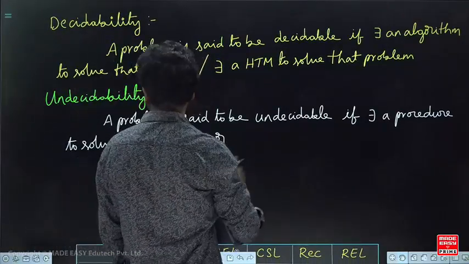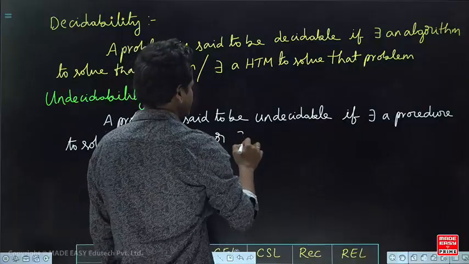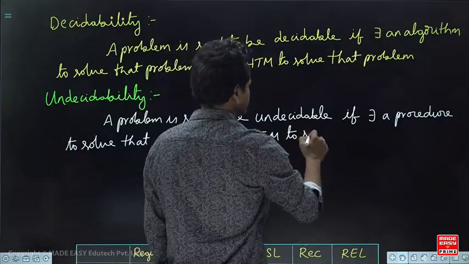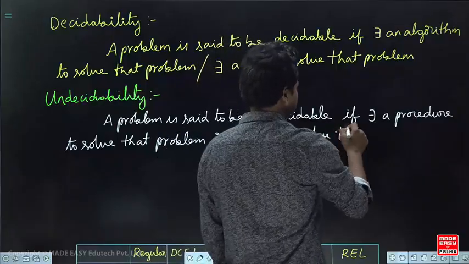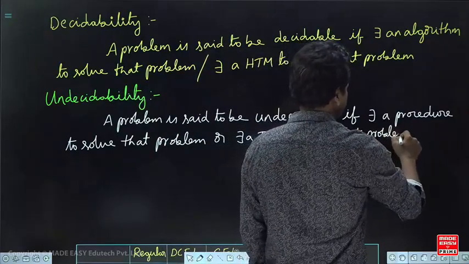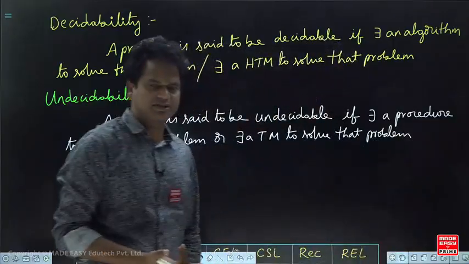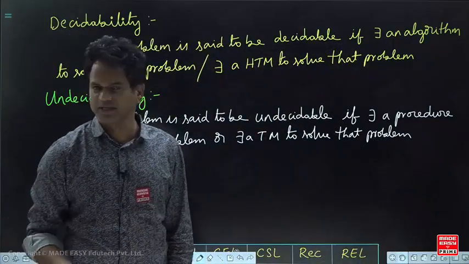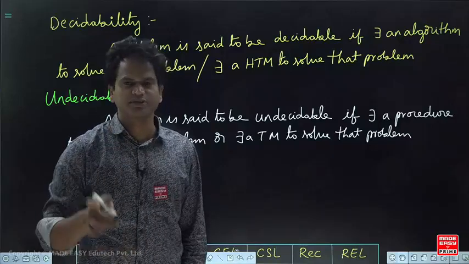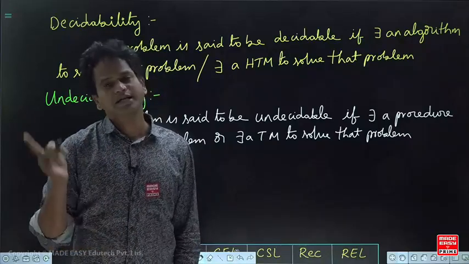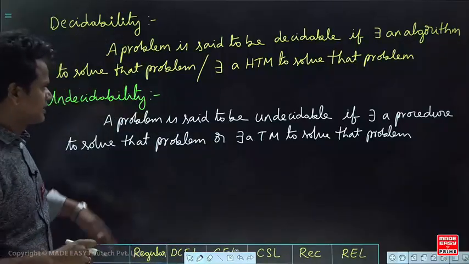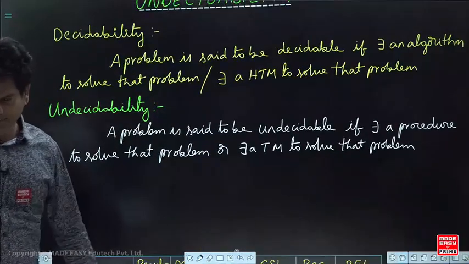If there exists a procedure or a Turing machine to solve that problem, you can say either the procedure and algorithm definitions or the HTM and Turing machine definitions. So a problem is said to be undecidable if there exists a procedure to solve that problem, or if there exists a Turing machine to solve that problem. Okay? So copy this, guys.